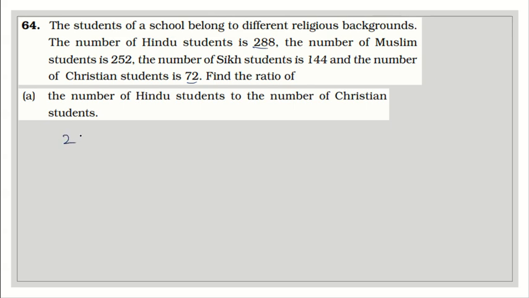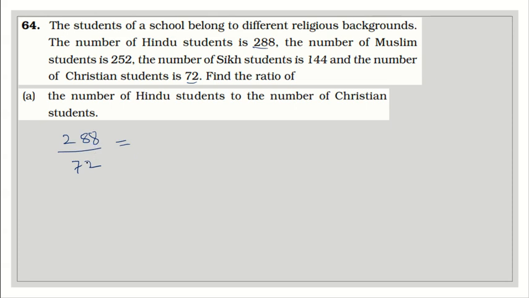Hindu students 288 upon Christian students 72. So, we got 288 is to 72. On cancellation, you can cancel by taking common factors such as 4.